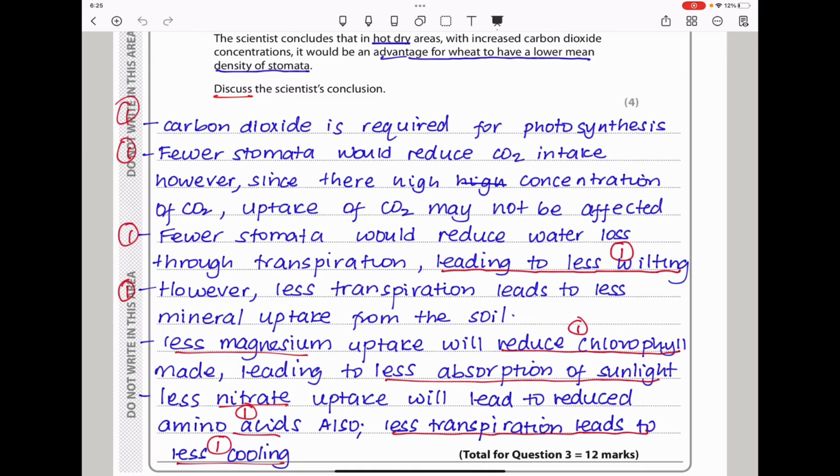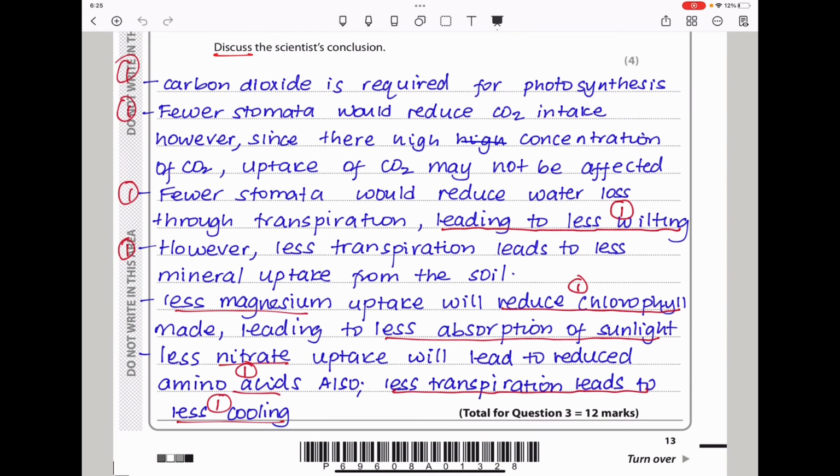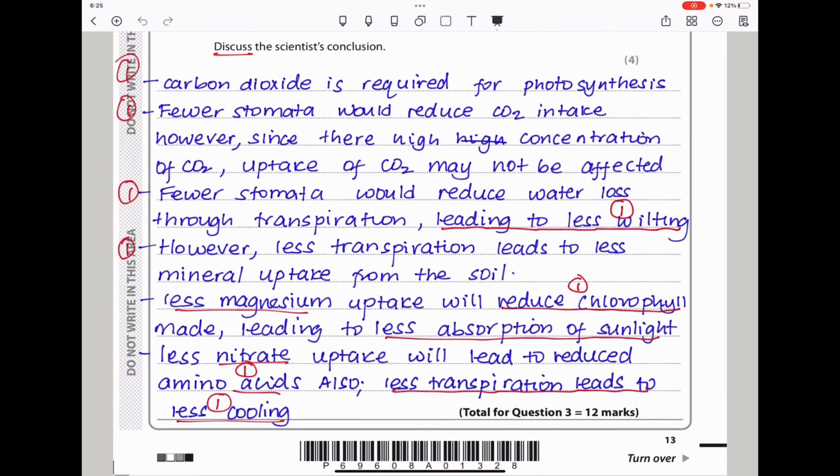If there is less transpiration going on, there will be less mineral uptake, and that will lead to problems due to lack of minerals like magnesium, which is useful in making chlorophyll, and nitrates, which are useful for making proteins. If less magnesium is taken up, there will be a reduction in chlorophyll, leading to less absorption of sunlight. Less nitrates will lead to reduced amino acids, and less transpiration will also lead to less cooling, so the plant could be affected.